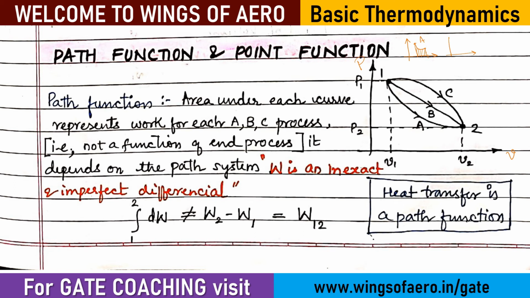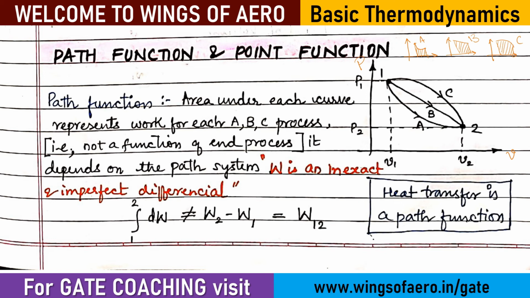Now next one, if I draw the straight line, something like that, this is for B, right? And if I want to draw for C, it will be like this, C. This is for A, B and C. Now you can understand clearly that the area under each one is different, right?